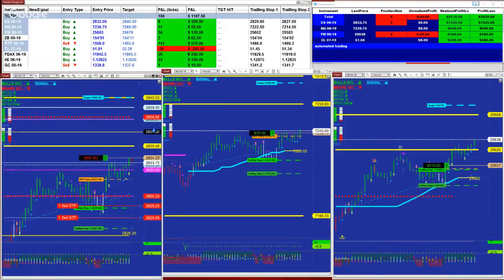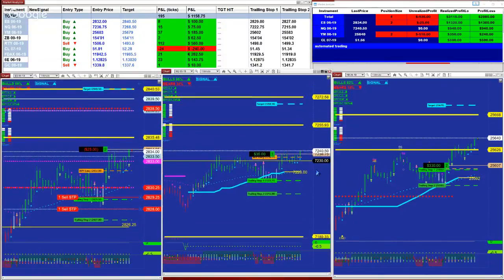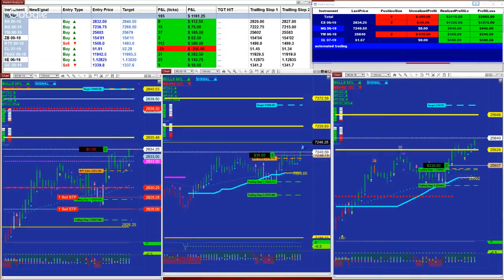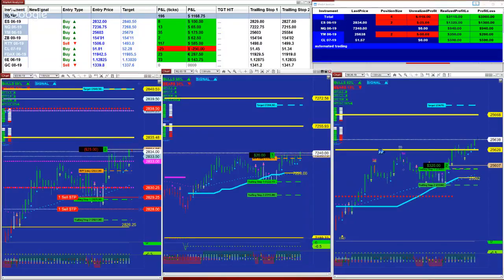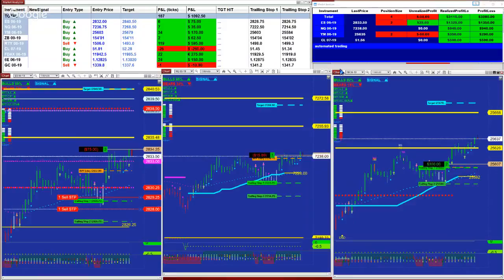And before you know it, the market sneaks right under your nose and starts climbing. As you see, when the ES broke those levels, folks, you can see the Nasdaq starts building momentum, and the YM starts getting momentum and going up.